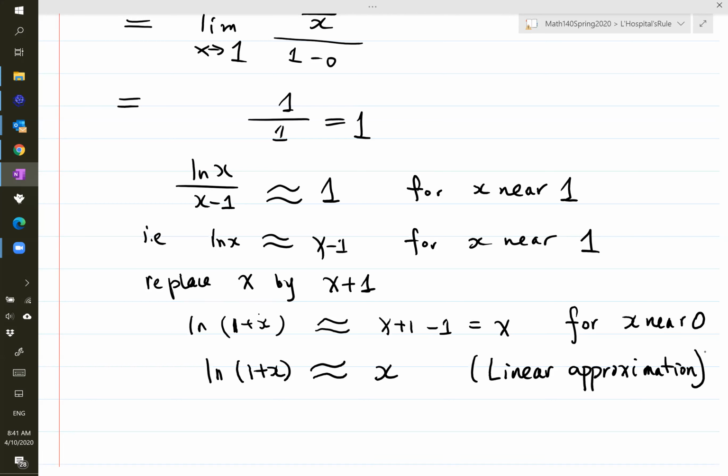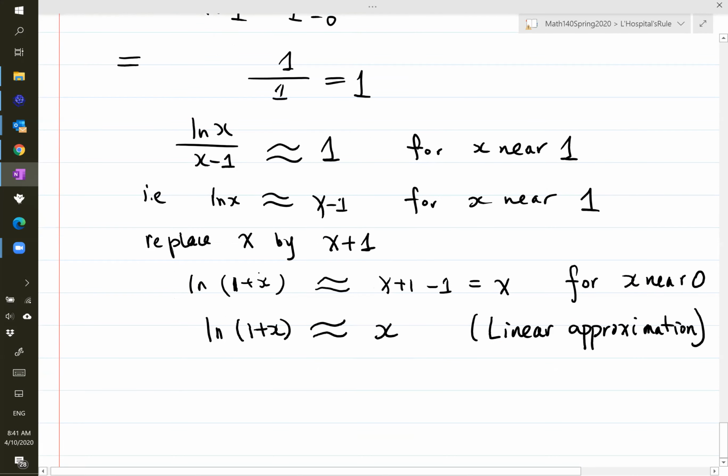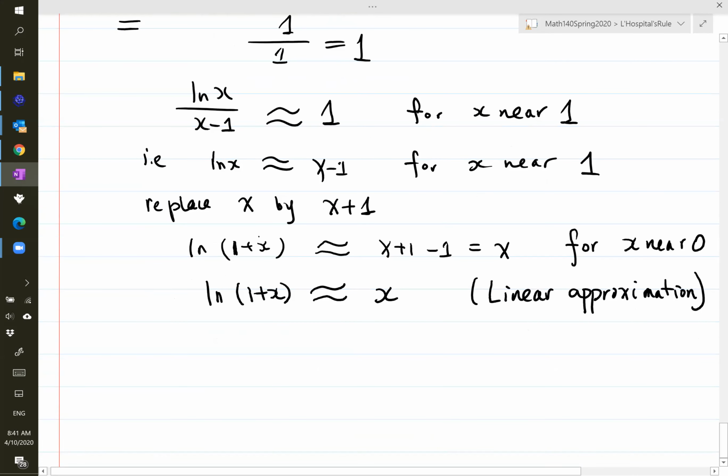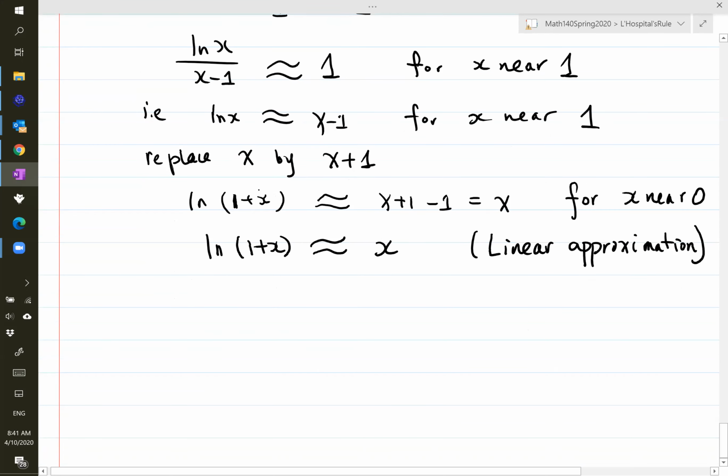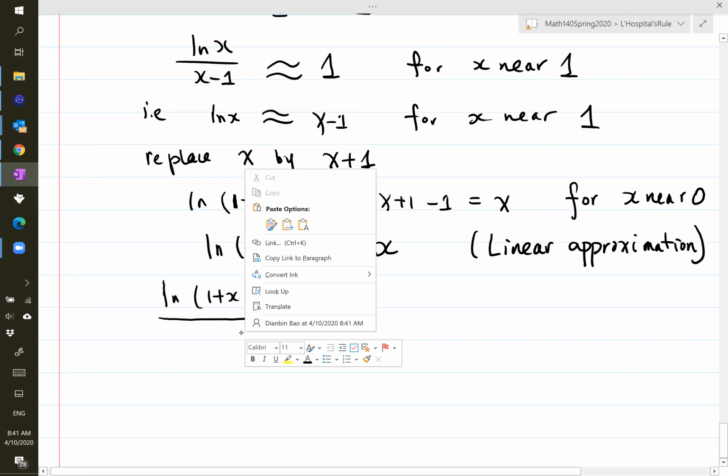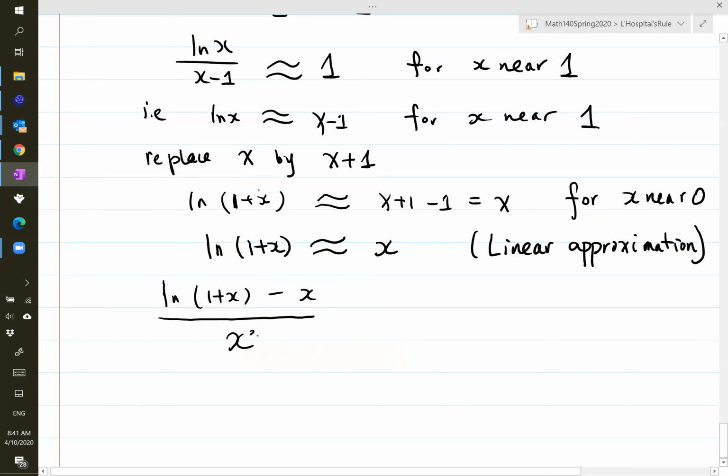If you do higher order degree 2, you can get a better approximation. Maybe we just do one more order and see what happens. So you subtract x, and if the difference is a multiple of x squared, we find their ratio, the limit as x approaches 0.